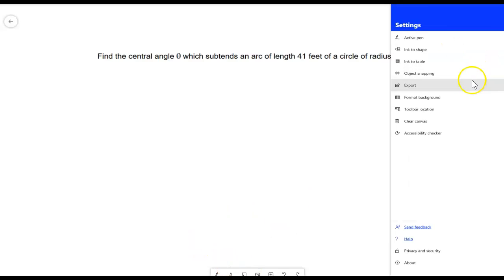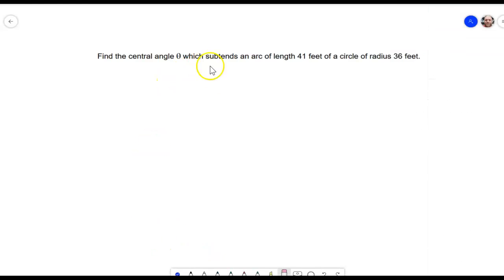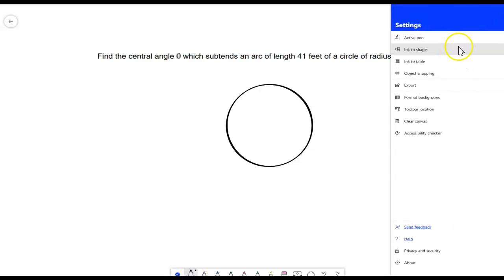So what I'm going to do with this one is use ink to shape, and see if I can get a decent circle in here. Hey, look at that.